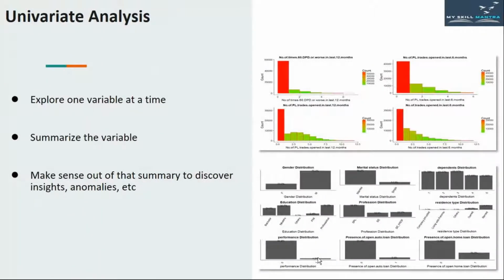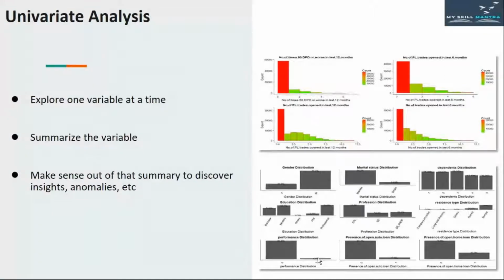Ideally, there's a humongous amount of data in banks, but what we do is we take a dummy data in this case, and this is from the financial sector. Does that answer your question? Yeah, I think so. That clears. Okay, thanks for that question.